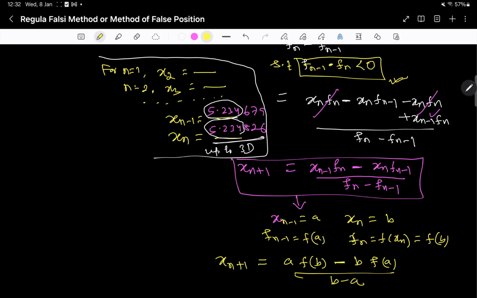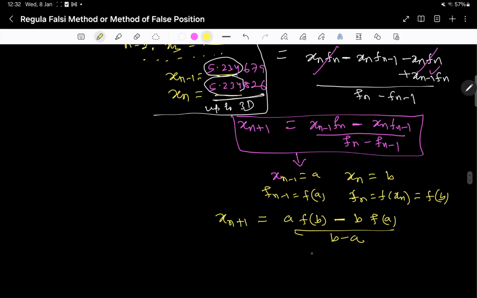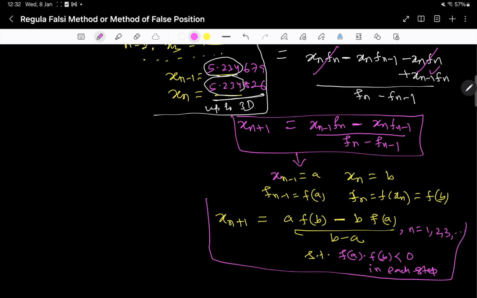So this is my necessary formula, such that this restriction has to hold in each step: f of a into f of b is negative in each step. Here n is 1, 2, 3, and so on. This is my necessary formula, with this restriction in each step.